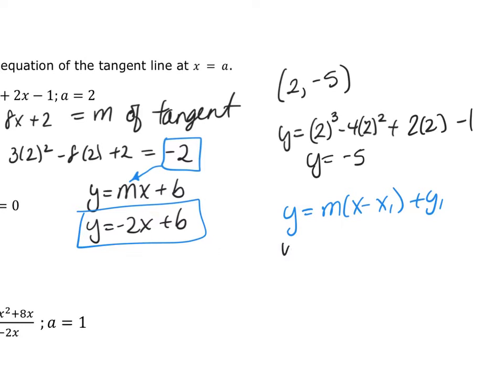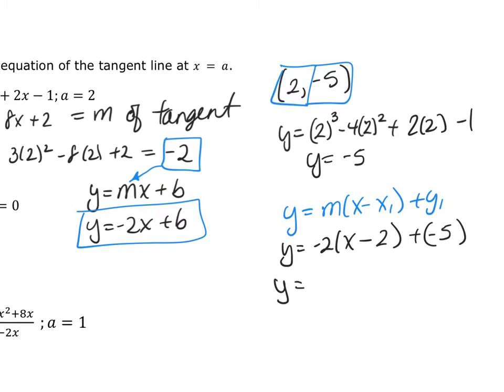So y is equal to negative 2, x minus 2, my 2 from my ordered pair, and then plus my y, so minus 5. So y is equal to negative 2x plus 4 minus 5. y is equal to negative 2x minus 5, and that's my final answer.